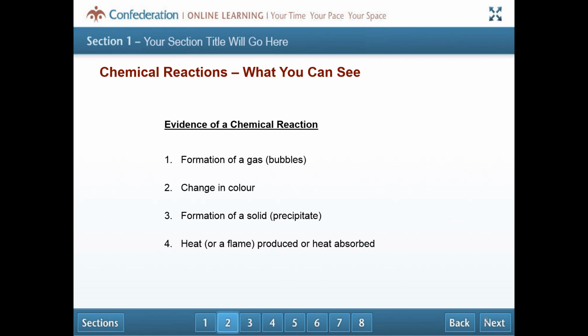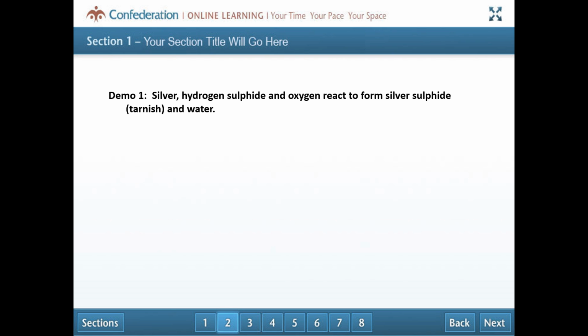I've got some demos here that we can go through. The first one is silver and then hydrogen sulfide and oxygen reacting to form silver sulfide, which is tarnish, and water. This is something that you might have seen with your grandma's silver. I've got some silver here that is my grandmother's.